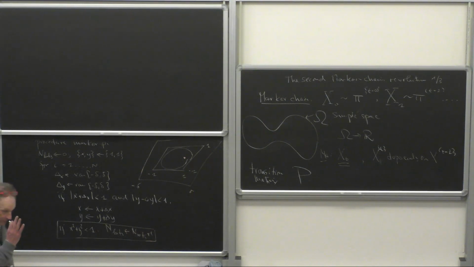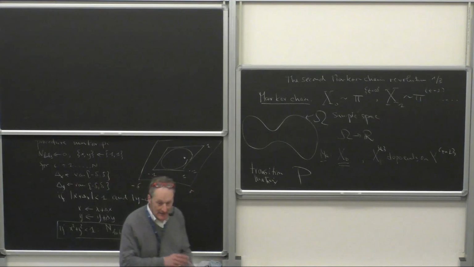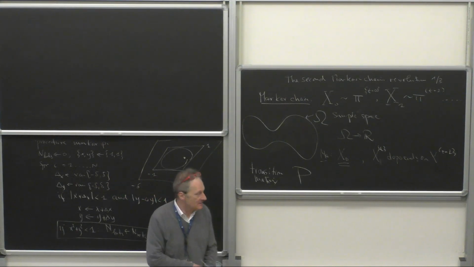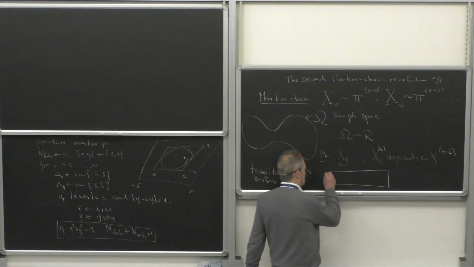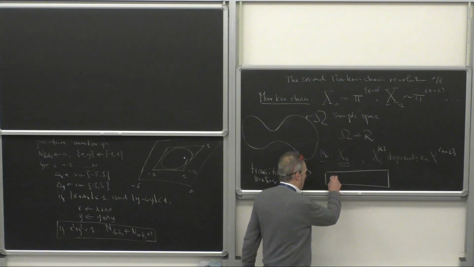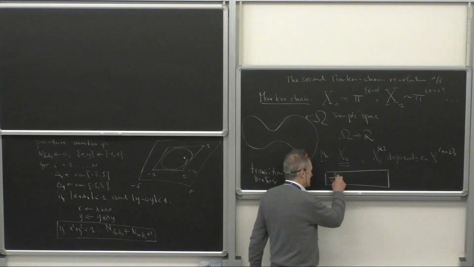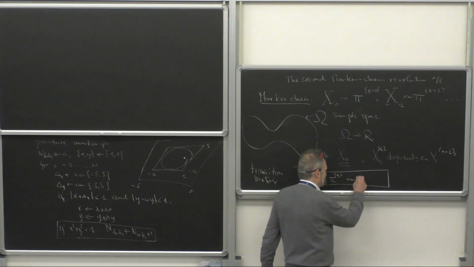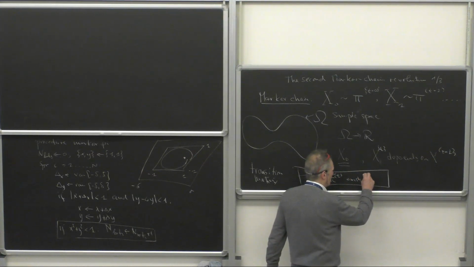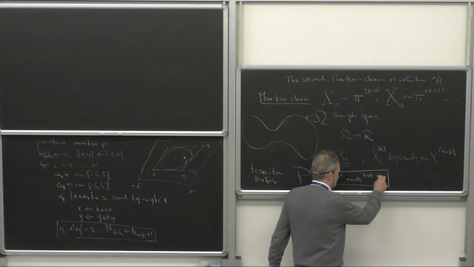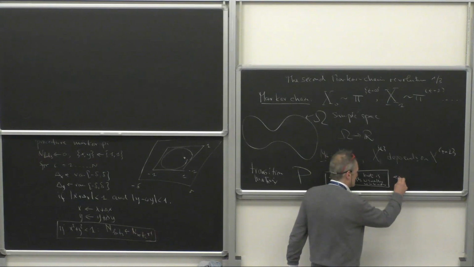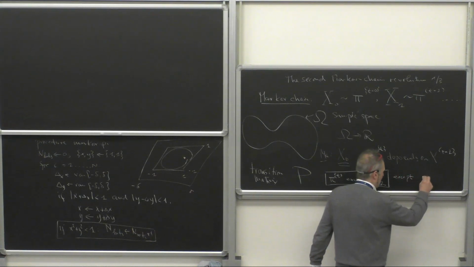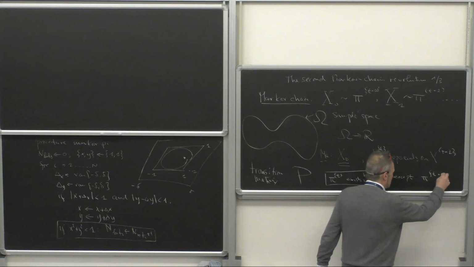Now the point that we want to make, and that's where the discussion is interesting, is that the distribution pi of t exists, but is usually unknown, except for pi of t equals 0.